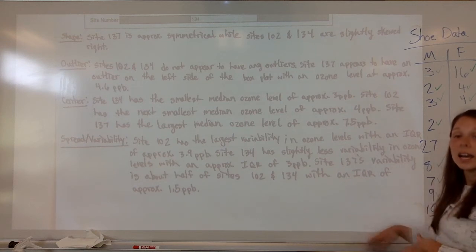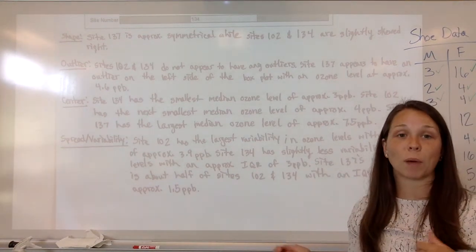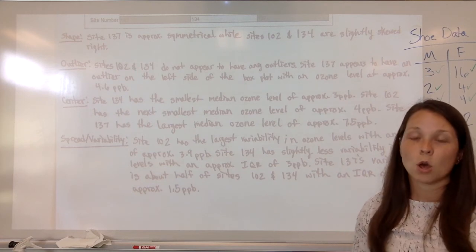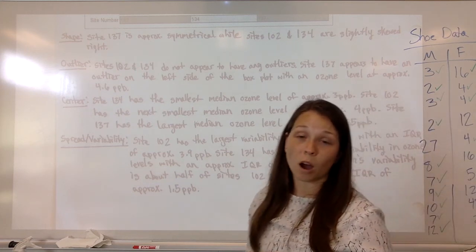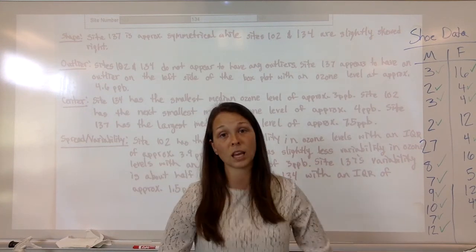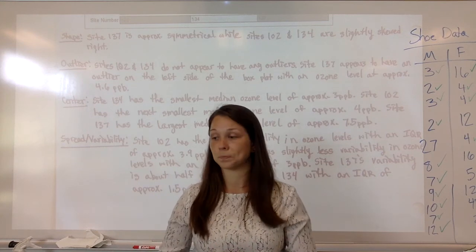So again, I chose to add in lots of context here and then just comparing the interquartile ranges. Okay, that middle 50%. When you're dealing with box plots, IQR or interquartile range is a great way to compare the spread or the variability versus looking at the range as a whole from minimum to maximum.